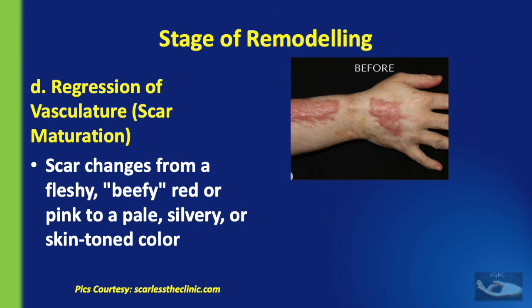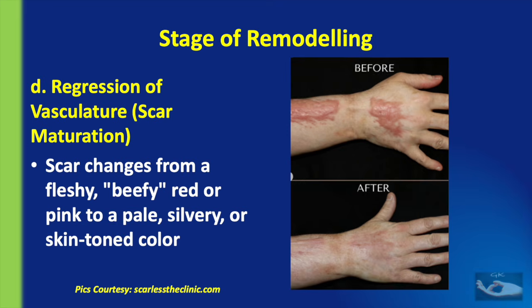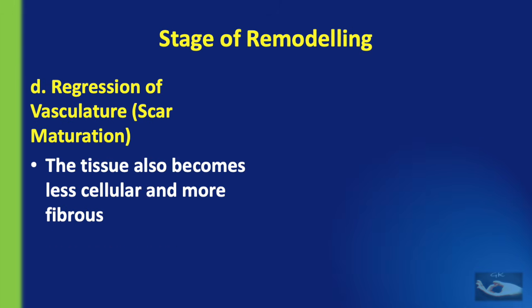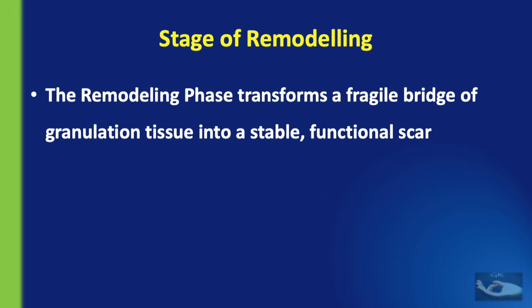This is when the regression of the vasculature causes the scar to change from a fleshy, beefy red or pink to a pale, silvery or skin-toned color. The tissue also becomes less cellular and more fibrous. The remodeling phase transforms a fragile bridge of granulation tissue into a stable, functional scar.